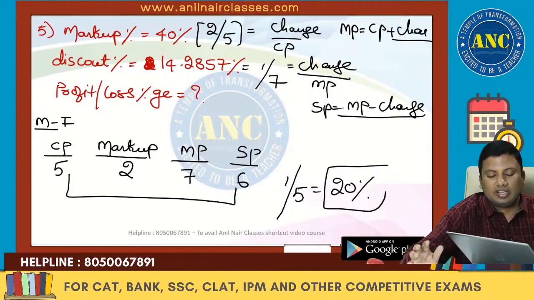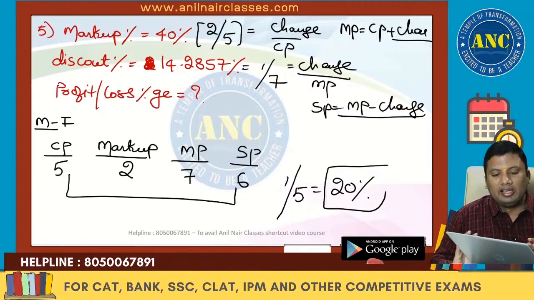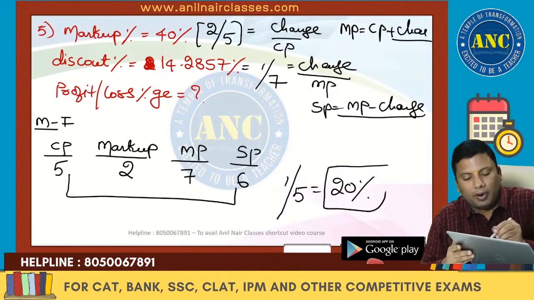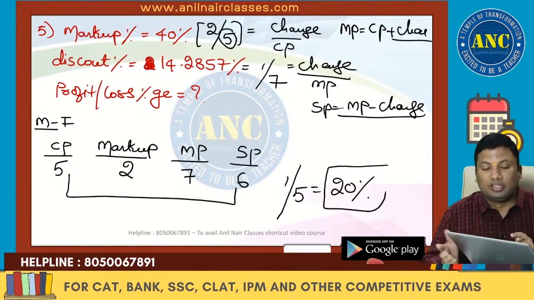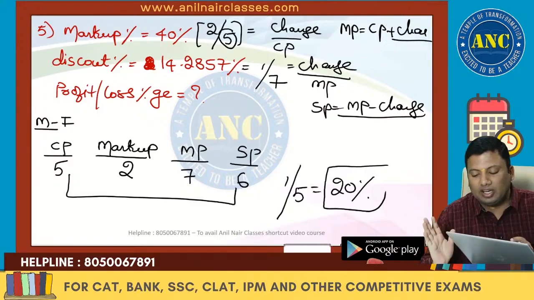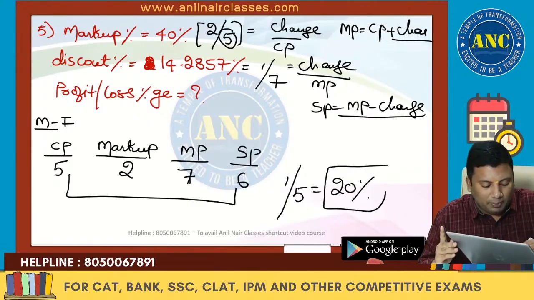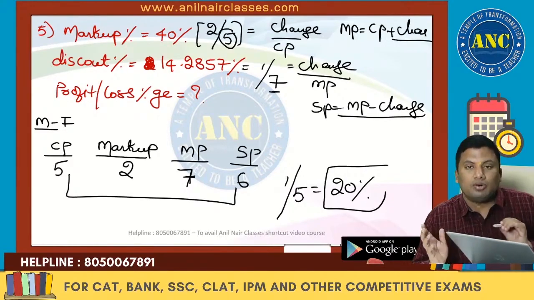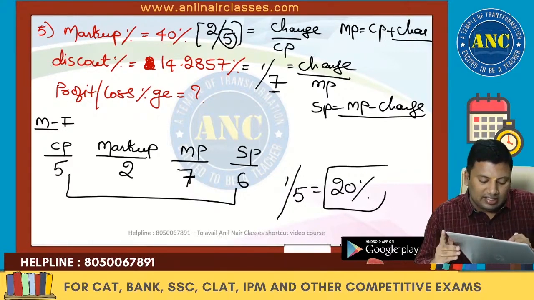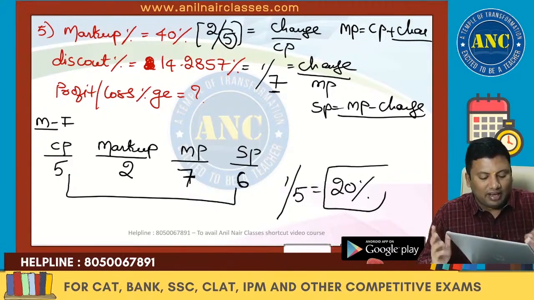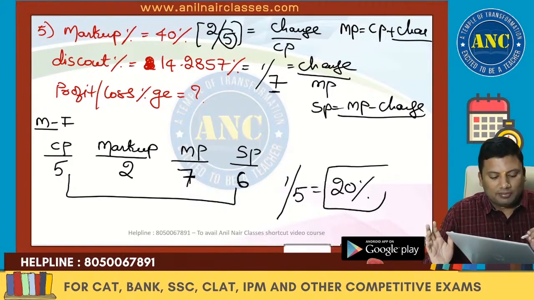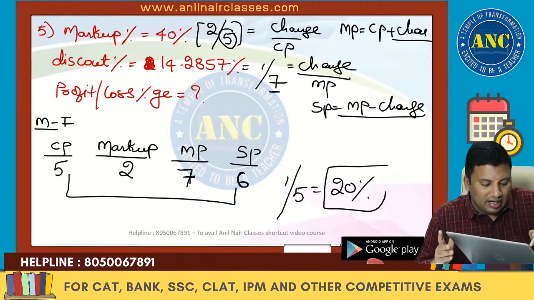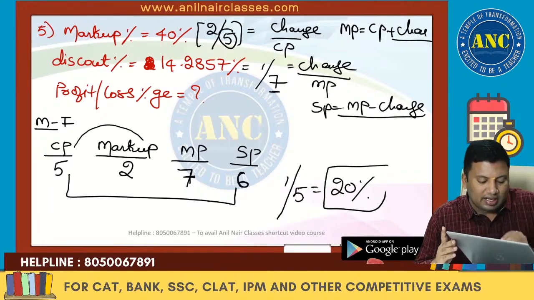This is the traditional method. I hope the idea is clear. I went to a shop, purchased a product at 5 rupees. I increased 2 rupees on 5 rupees, so market price is 7. On 7 my friend came, I gave a discount of 1. 7 minus 1 is 6. 5 became 6. Now if you observe, there is one change here and another change here.